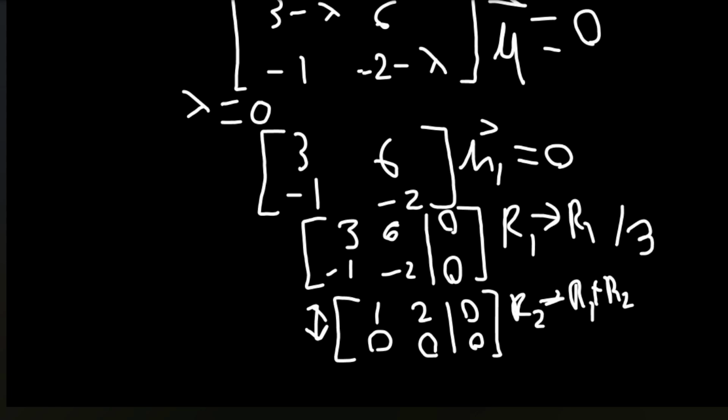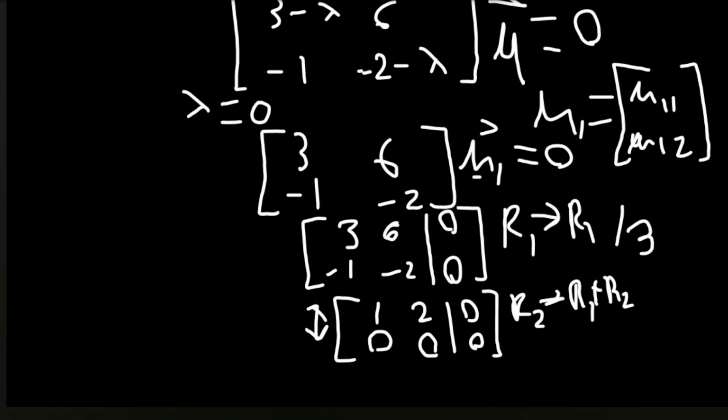Okay, so now we're going to go back here, and I'm going to say mu1 is equal to mu11 and mu12. You don't have to do this, I'm doing this for notation's sake.